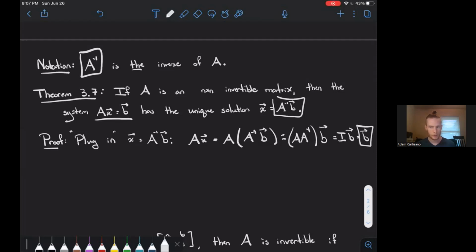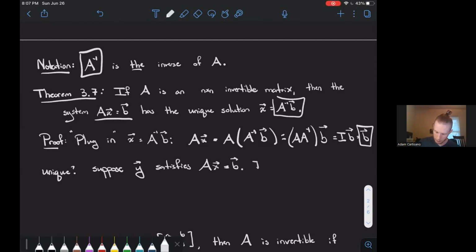Now, how do I know that this is unique? Well, for uniqueness, suppose Y satisfies AX equals B, some other solution.